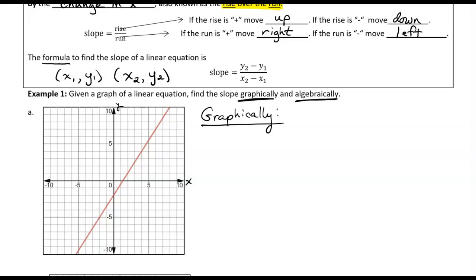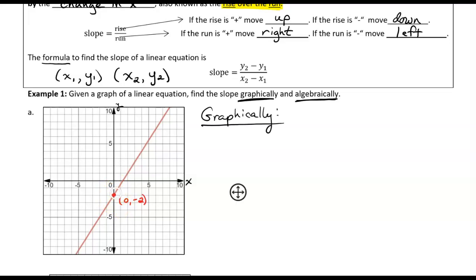So pick points where it's going to be easy to figure out the coordinates, the x and the y. You don't want to pick something like, let's say this point here, because I can't measure exactly what the x value is, what the y value is. I want to pick something a little easier to handle. And in fact, I see one down here that's pretty nice because it's on my y-axis. So I can say here, I'm going to pick the ordered pair 0, negative 2. 0 in the x direction, negative 2 in the y direction there. So there's my ordered pair 0, negative 2.